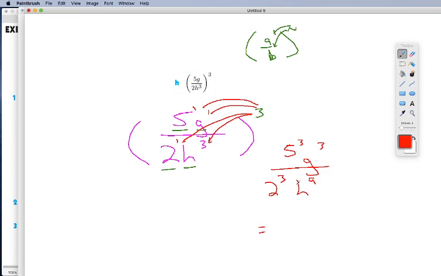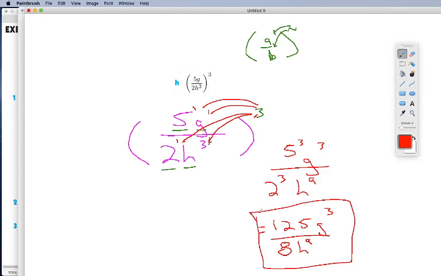And then you can simplify it a bit. So 5 cubed, if you do it on your calculator, you should get 125, and you have g cubed here. And if you do 2 cubed on your calculator, you should have 8. And of course, you have h to the power of 9, which we got by going 3 times 3. So this is your final answer for that question there.